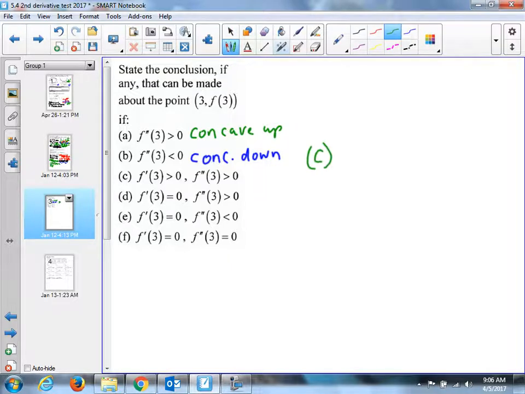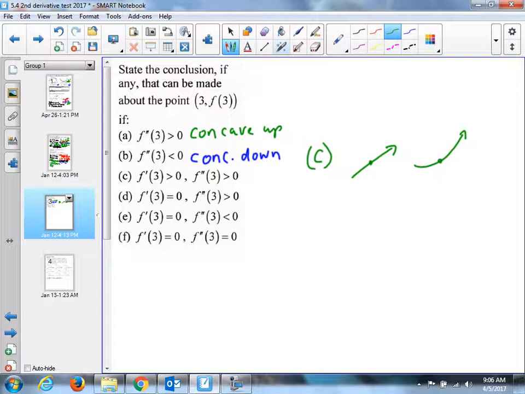So for C, we know that at 3 it's increasing, and the second derivative is concave up. So this shape, I could do a little better than that, right? It's going to be that shape, right? Because the second derivative tells us concave up, and it's increasing there.